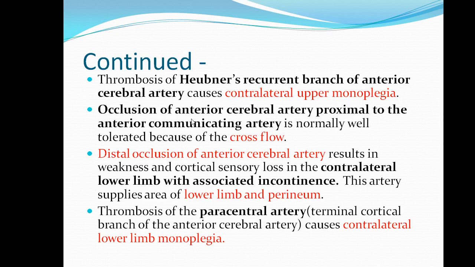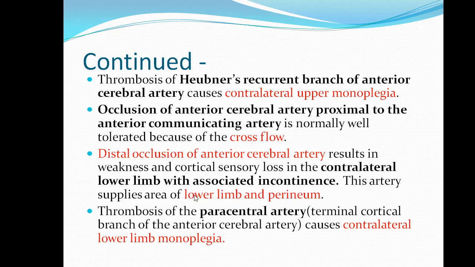The occlusion of the anterior cerebral artery proximal to the anterior communicating artery is normally well tolerated because of the cross flow from right to left or left to right. Distal occlusion of anterior cerebral artery results in weakness and cortical sensory loss in contralateral lower limb with associated incontinence.